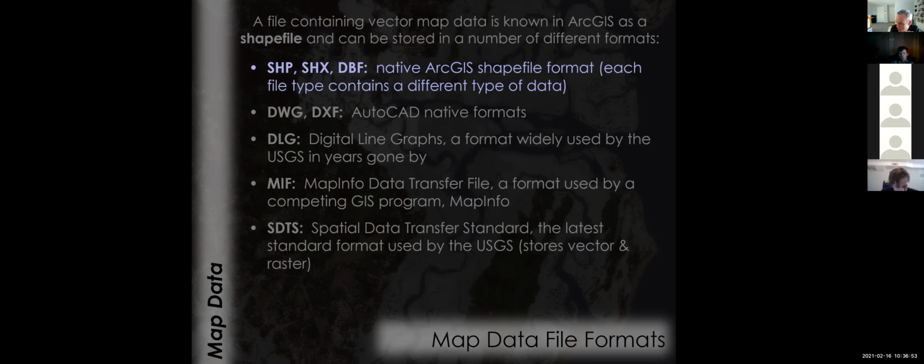SDTS, which is the Spatial Data Transfer Standard. That's the latest standard format that's used by USGS. They switched to that because it's kind of like a PDF in the sense that it can contain both raster and vector file formats.